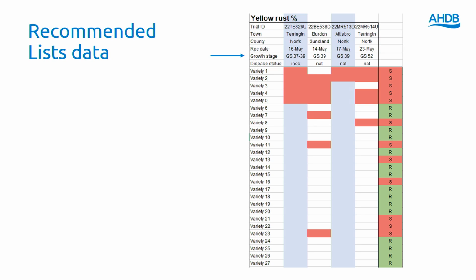So it's providing good validation of those growth room experiments. But there was one exception, and that's variety 7, and that had more than 5% disease in the Sunderland trial. So that year, that variety was reclassified as being susceptible.